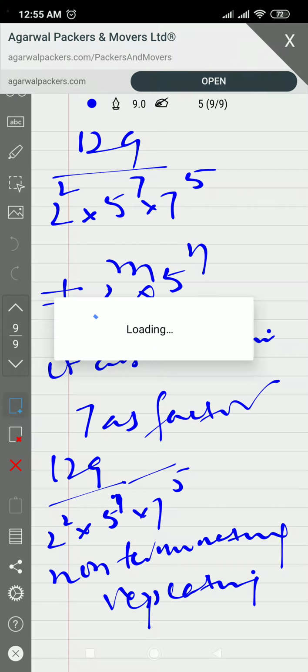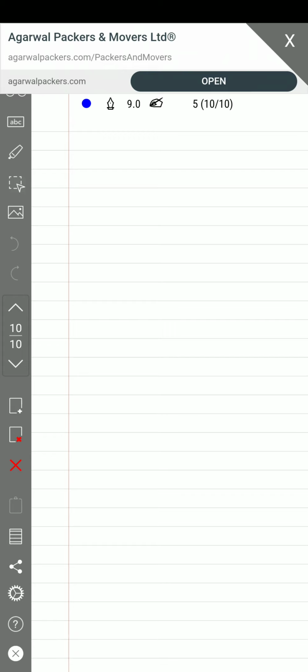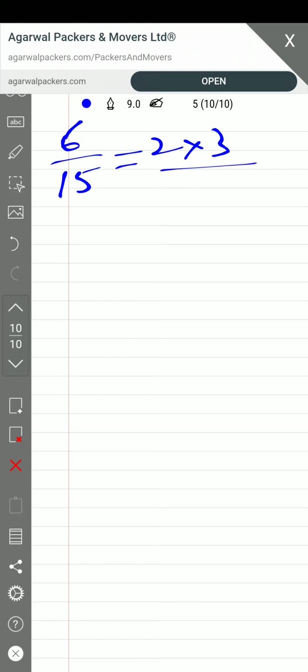Next one is the 8th one, 6 by 15 is given. We can simplify 15 further, so it is 6 by 3 into 5, and after simplification the given fraction becomes 2 by 5.